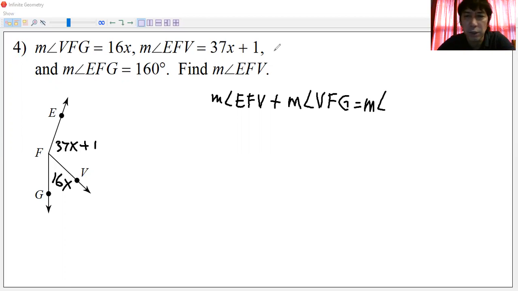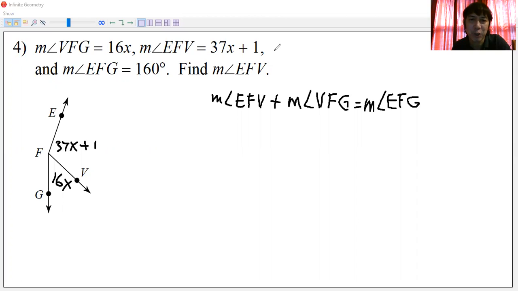Okay, EFG. You have to be careful with the angles, because sometimes they sound just the same. All right, so we have EFV plus VFG is equal to EFG.